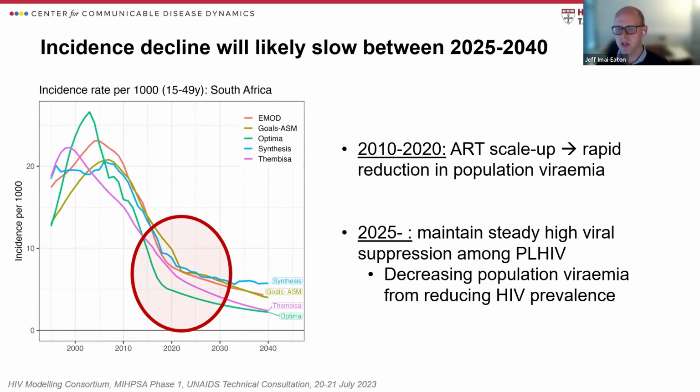Over the next 15 years, we expect to continue to see steady decline in prevalence of viremia in the population, but as we're at or near 95, most of that decline will be through reducing HIV prevalence, driving continued reductions in new infections, but at a somewhat slower rate than what we've seen over the past decade. Next slide, please.